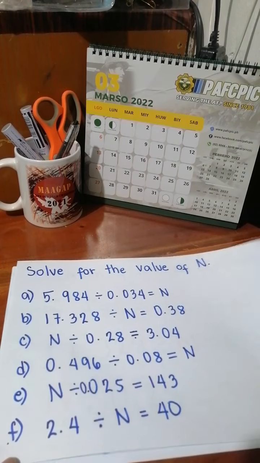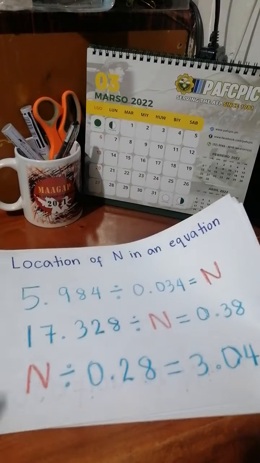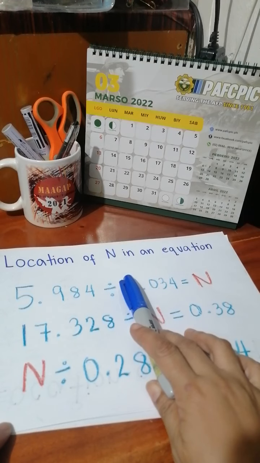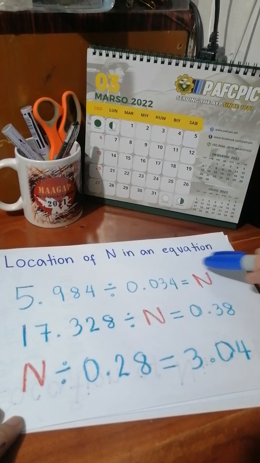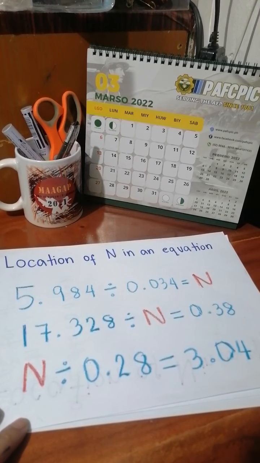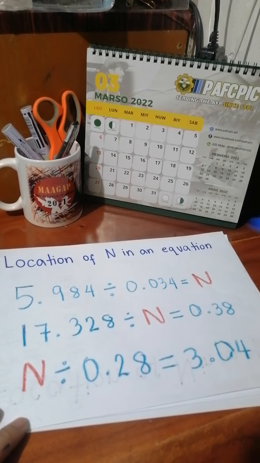Okay, so these are the things that you need to remember. We have to take note of the location of n in an equation. If the n is located on the last part, then the operation that we will be using is division.